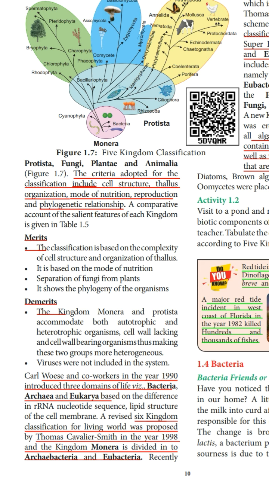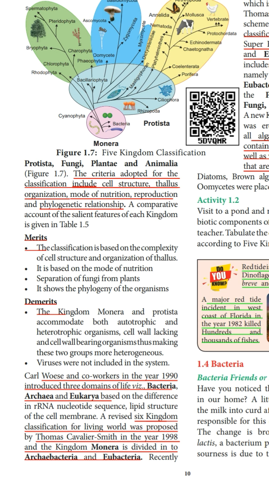Next, it shows the phylogeny of the organisms. This classification explains the evolutionary history also. As we can see, unicellular simple organisms are kept at the beginning of the classification, and the most complex multicellular organisms, the plants and the animals, are kept at the end of the classification. So this classification was also explaining the phylogeny of the organisms.